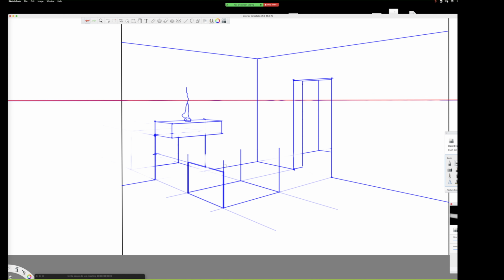Alright, so what do I do now to finish this cube off that's the table? I've got the left plane drawn and the bottom plane.